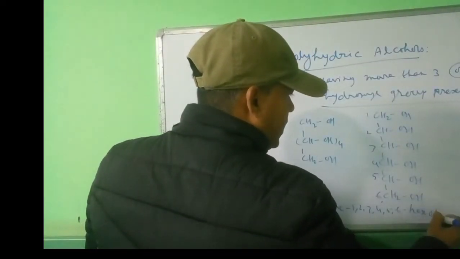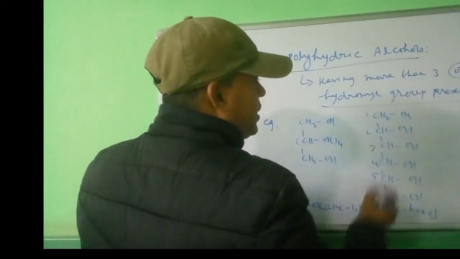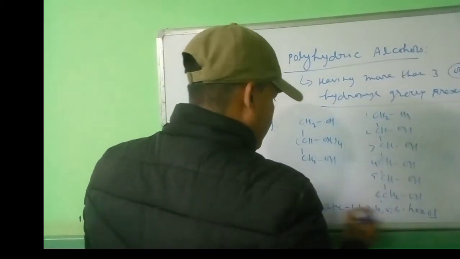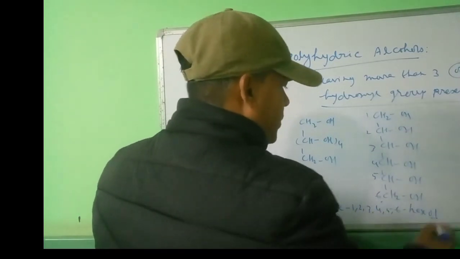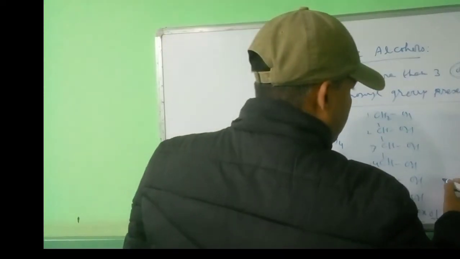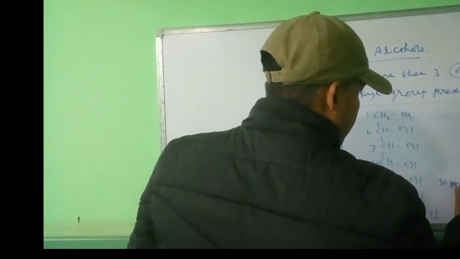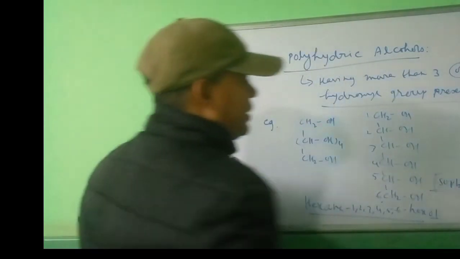And then ol is the functional group secondary suffix. So hexane-1,2,3,4,5,6-hexol. This is the name of the compound. The common name is sorbitol.